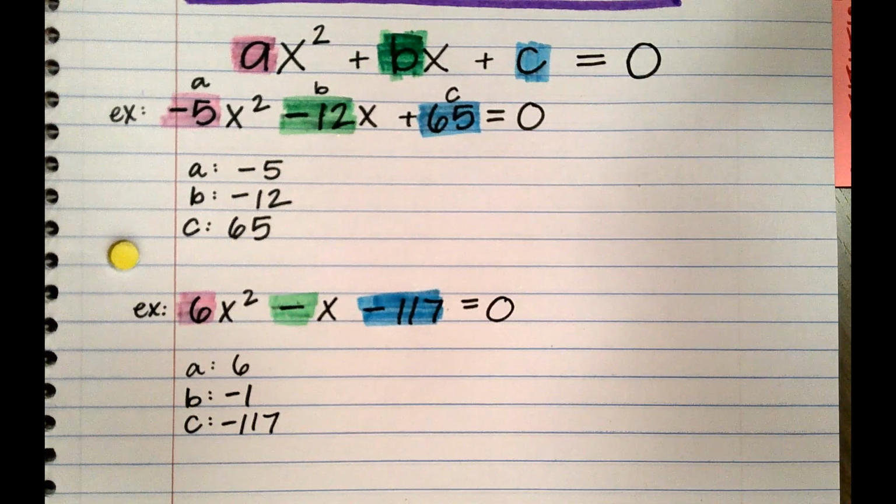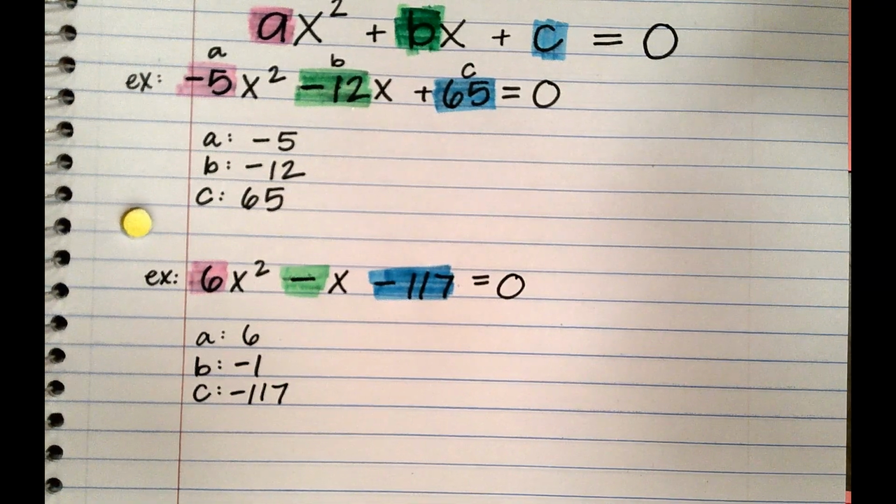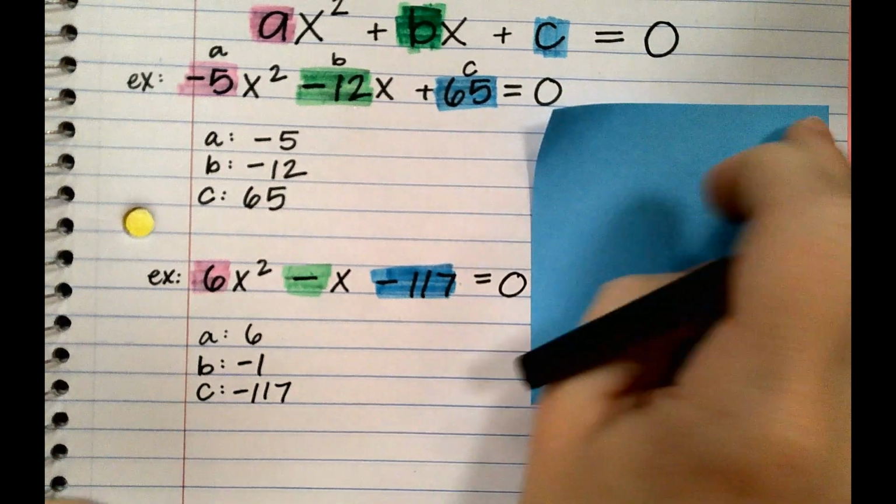And the first thing that I am going to show you, I'm going to put it on a sticky note. I would recommend that you write this down, whether it be on a sticky note or on your note page.